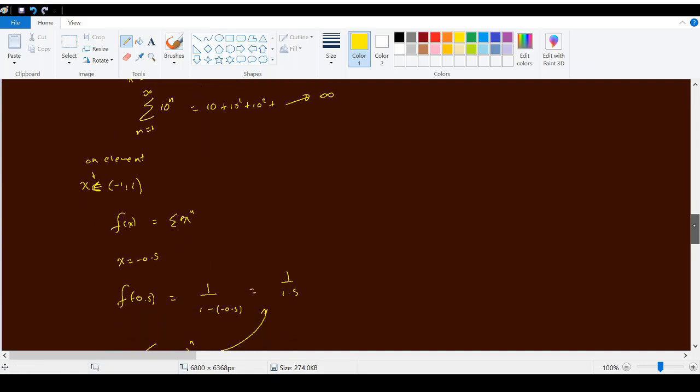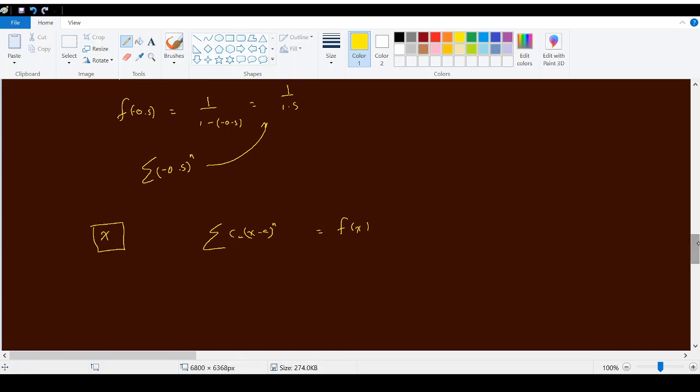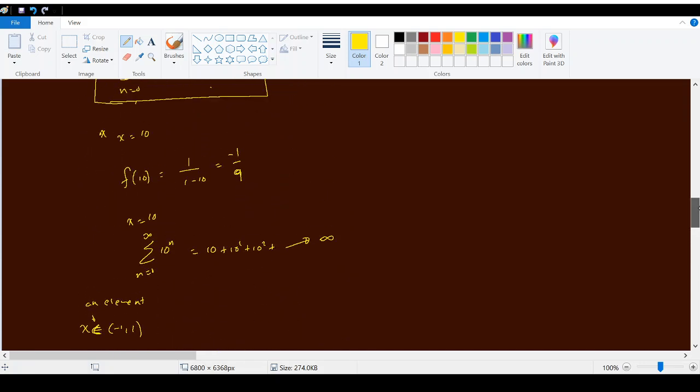So what I want to highlight here is that within the interval of convergence, when x is in the interval of convergence, the power series will behave as a function, but outside that region it will not. Now remember, you have to notice this one, okay?